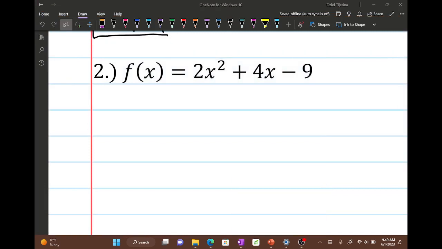So I'm going to write it down again. f of x equals 2x squared plus 4x minus 9. And we want to know the derivative, f prime of x, right?